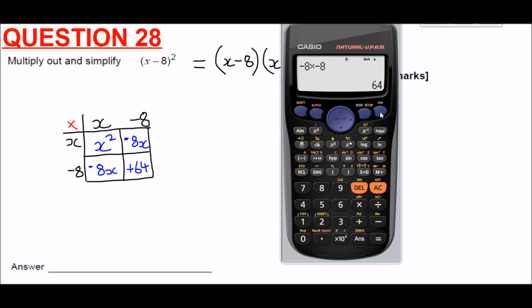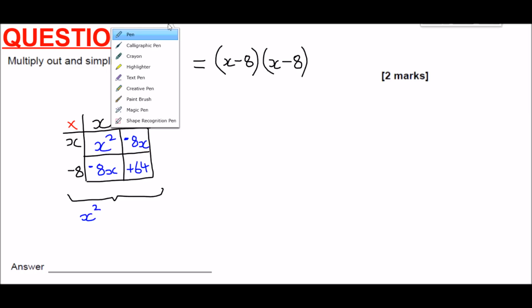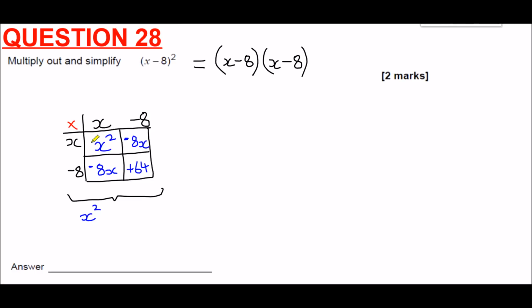Plus 64. And so the final thing we do now is to group together all these terms I've written down in blue. So x squareds are one thing. X squareds are different to normal x's. Normal x's, the non-x squareds, we're taking away 8 here, and we're taking away another 8 of them over there too. So just to colour code slightly, we've got 1x squared. Now the x's, we're taking away 8 here, and we're taking away 8 over there.